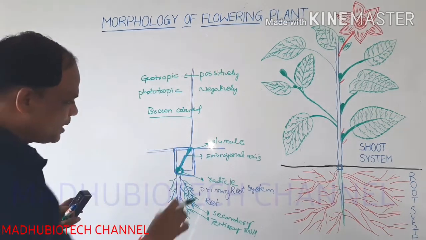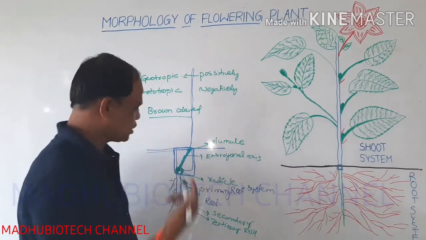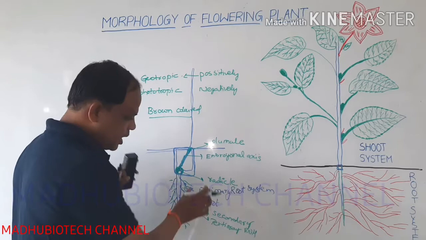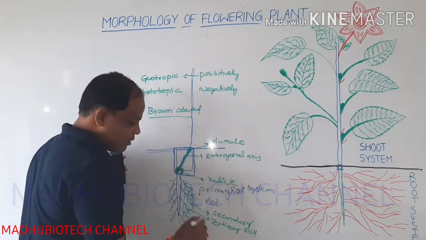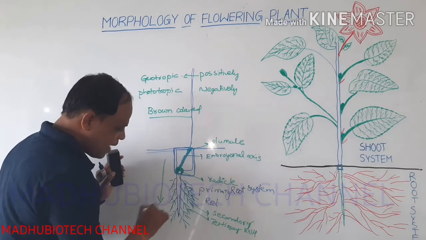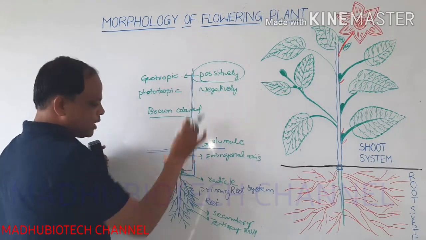Positively means the soil contains the gravitational pull, and the root system develops towards the gravitational pull. So that is called positive.